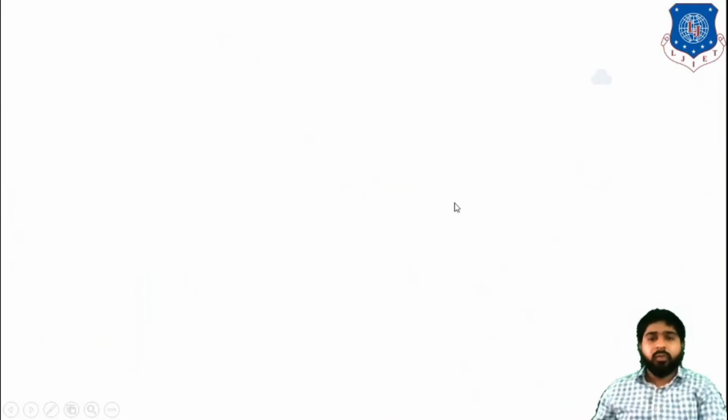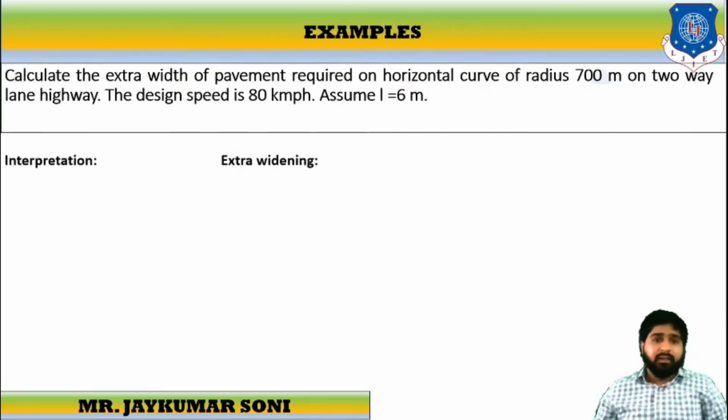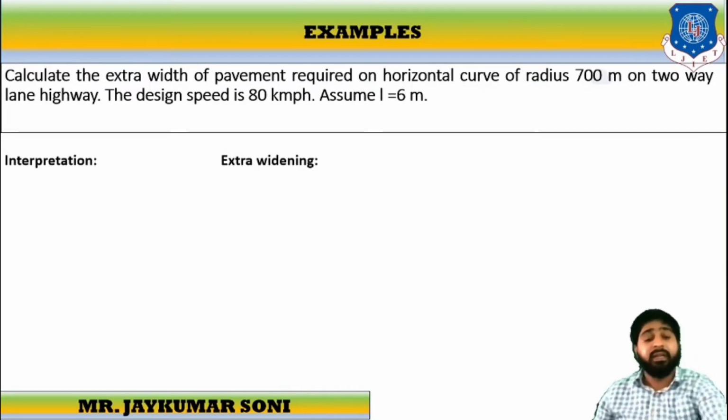Now let us move towards another example, which is this. Calculate the extra width of pavement required on a horizontal curve of 700 meters on a two-way lane highway. The design speed is 80 kmph and assume L, the length of wheelbase, is 6 meters.